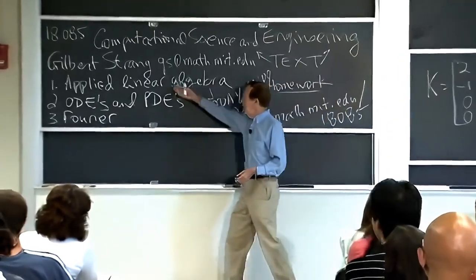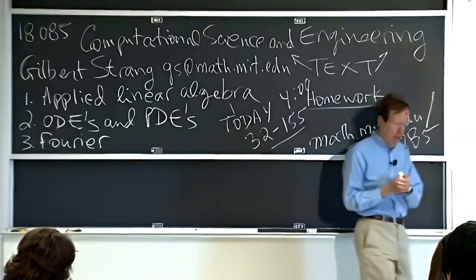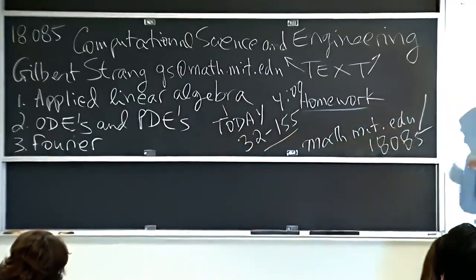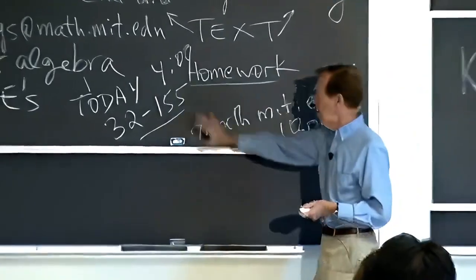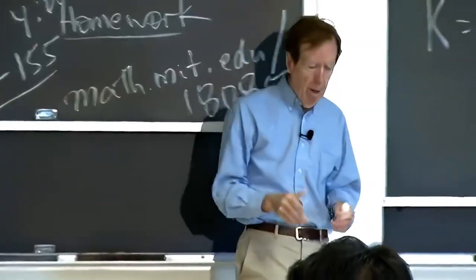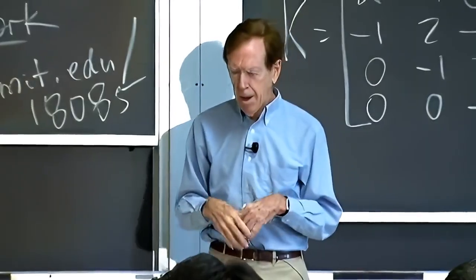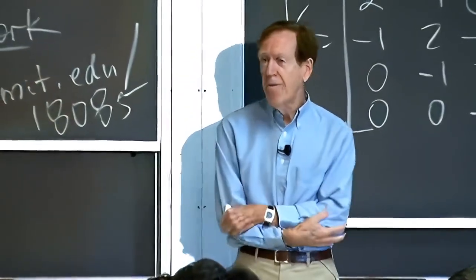Okay, so the first part of the semester is this applied linear algebra. And I don't know how many of you have had a linear algebra course, and that's why I thought I would start with a quick review, and you'll catch on. I want matrices to come to life, actually.